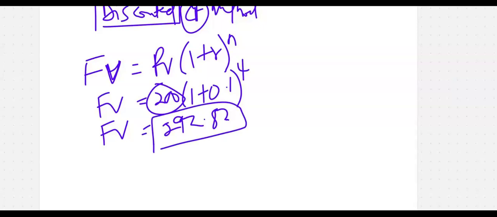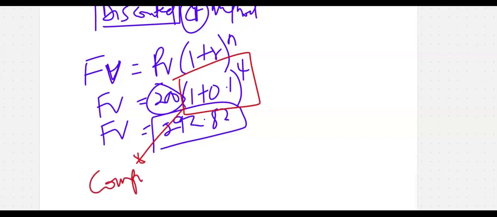So you can see that whenever we use future value, we are finding a value which is higher in future than the present. The present figure is 200, and the future value is 292. Which factor made the 200 greater into the future to be 292.82? It is this factor, and the name of this factor is called the compounding factor.